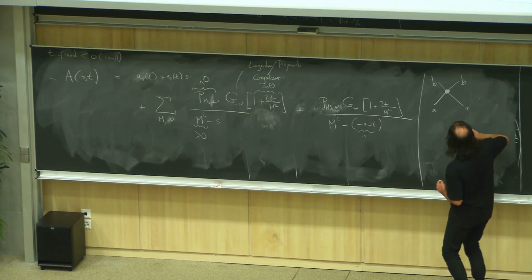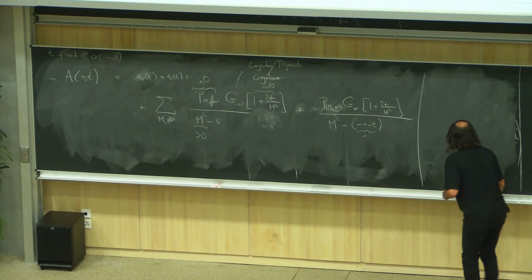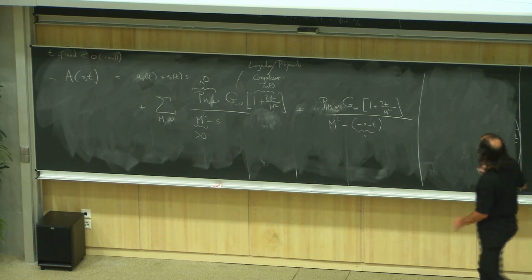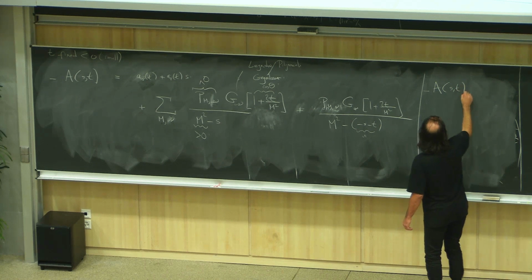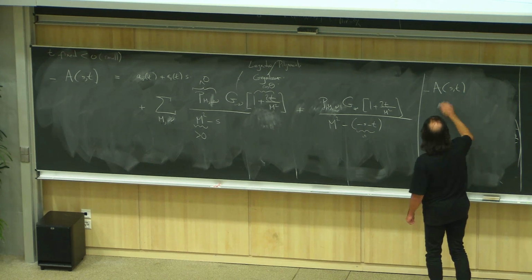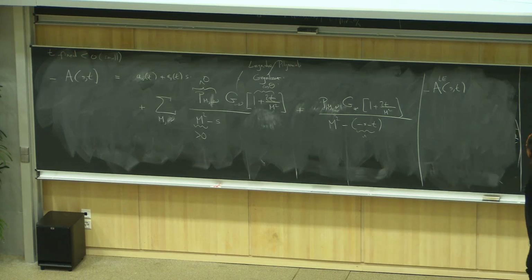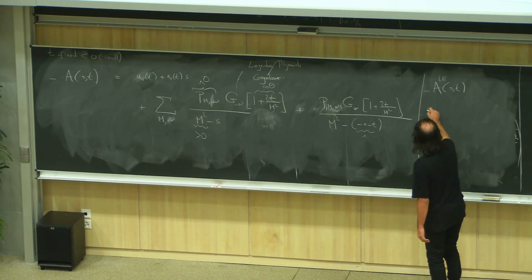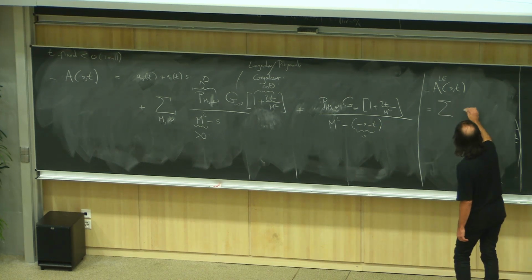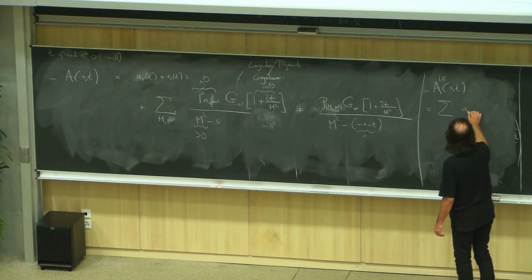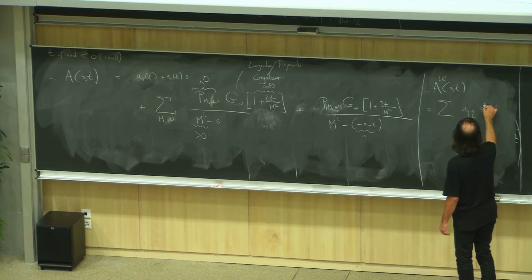So let me just introduce some notation and the cast of characters for the rest of the talk. Now, at low energies, in other words, where I'm just doing the polynomial expansion, the Taylor expansion, this is just some coefficients that we can call a_{p,q} s to the p, t to the q.